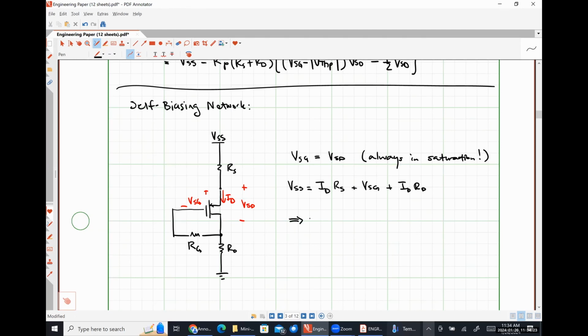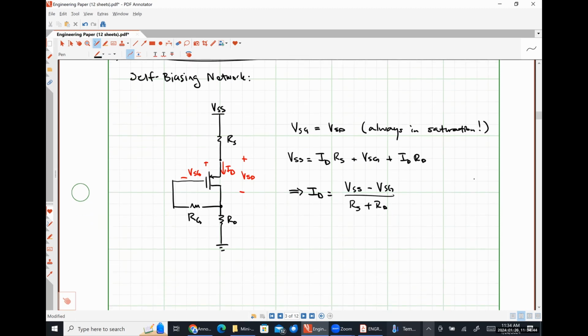Rearranging this, we have ID is equal to VSS minus VSG divided by RS plus RD.